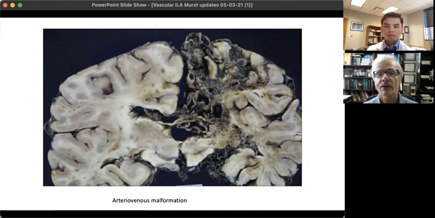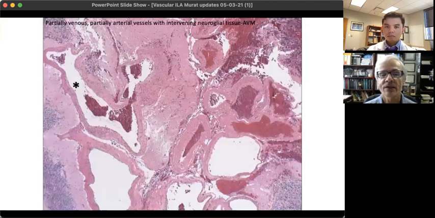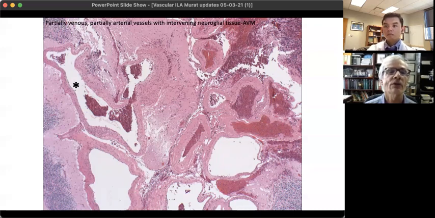Microscopically, in the next picture, we will see that the one with the lumen identified with an asterisk has a very thick wall in some areas on the right side, and that is arterial. If you do a special stain, you will see internal elastic lamina, which is an arterial feature.